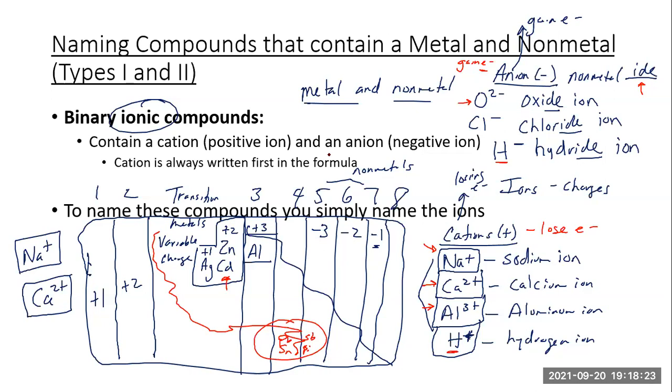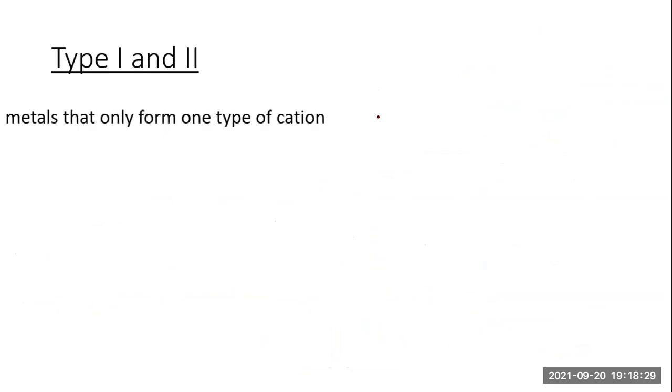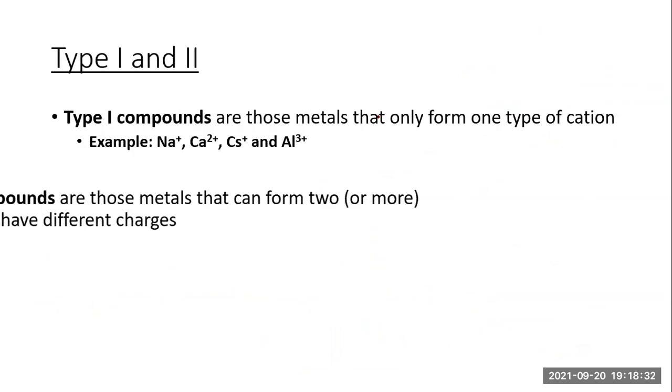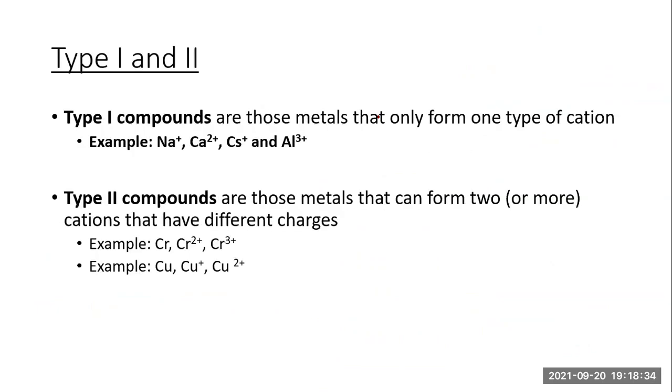So knowing these charges, knowing those basic ways we name it, really does help us name ionic compounds. And ionic compounds can be broken up into 2 types, type 1 and type 2. The ionic compound is a metal and a non-metal.